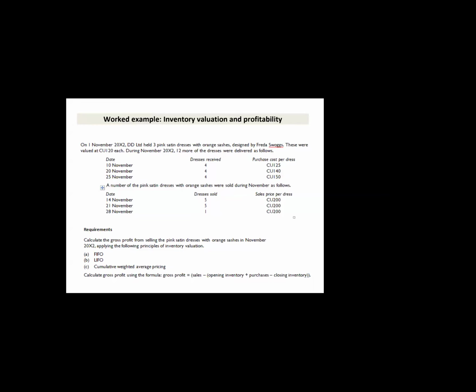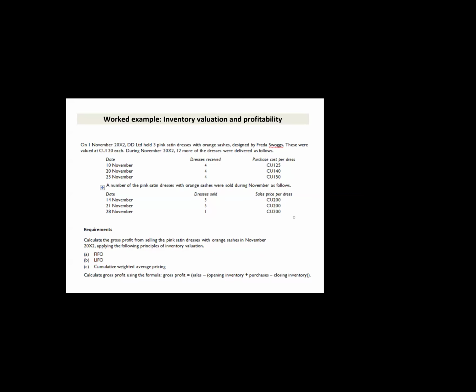Let's check. On 14 November, we issued 5 units under the last in first out method. So 4 units at the rate of 125 equal to 500, and 1 unit at the rate of 120.